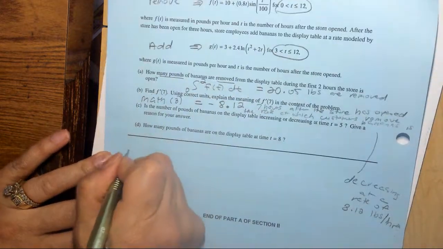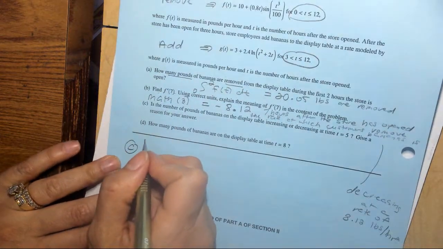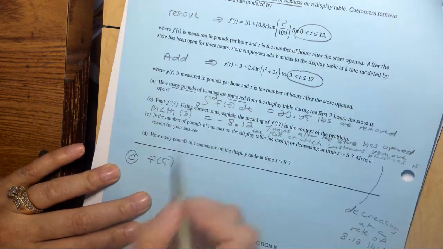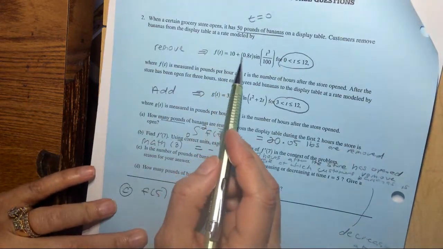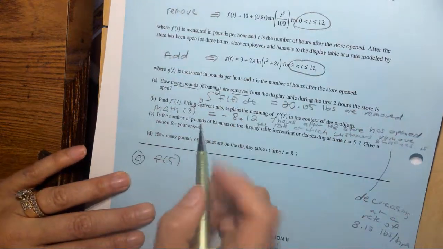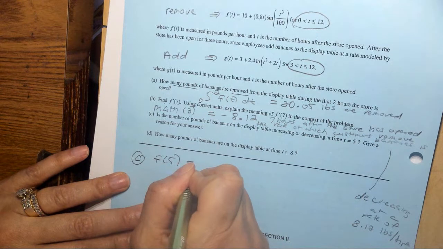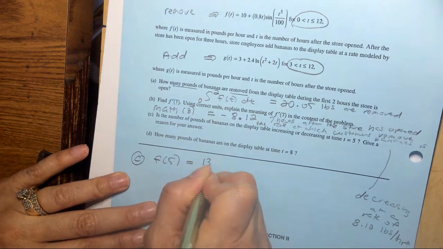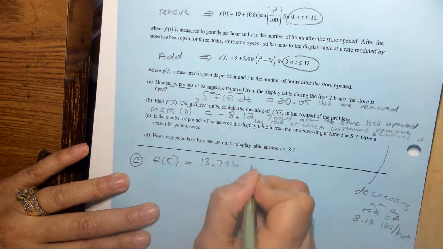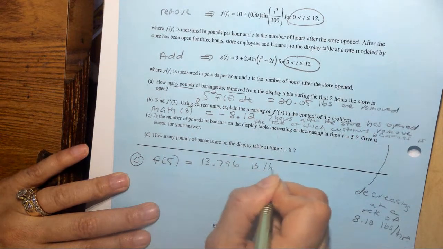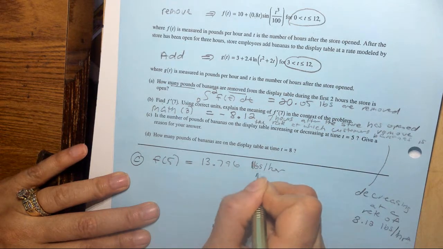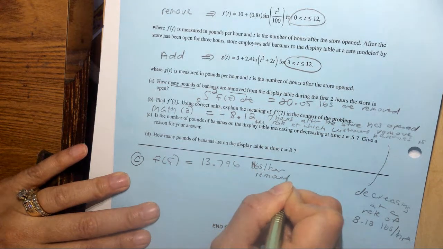So all we need to do for part C is find f of 5. I plug 5 into this equation for every t, and once you plug this in, I get a rate of 13.796 pounds per hour being removed.